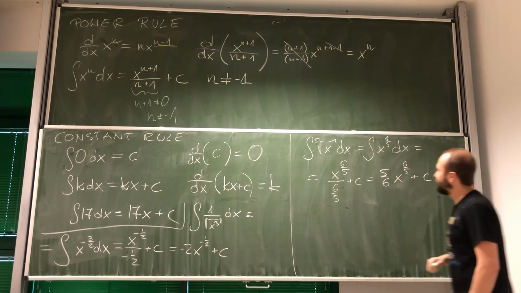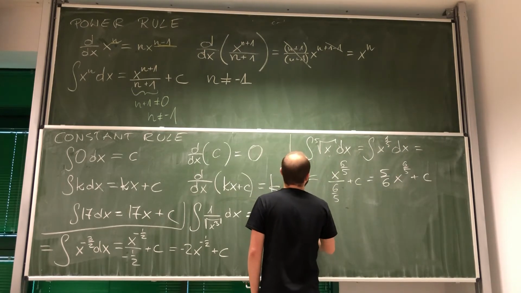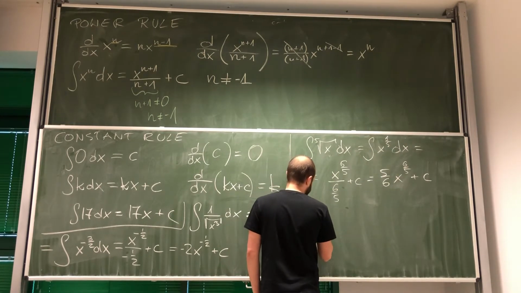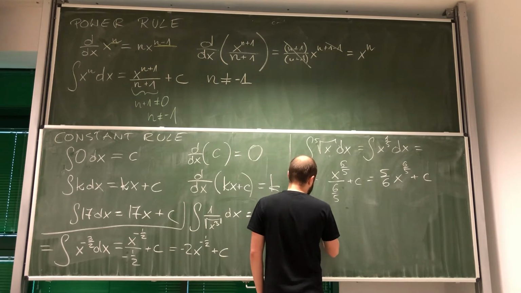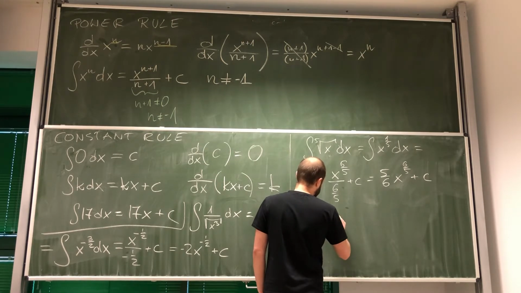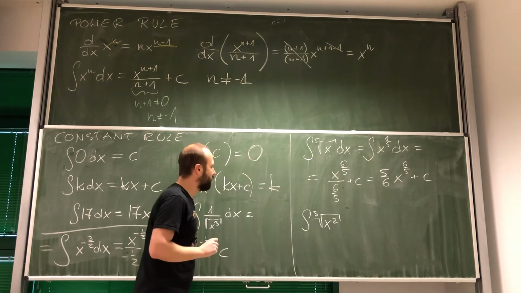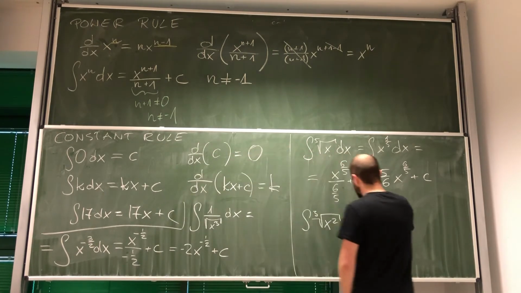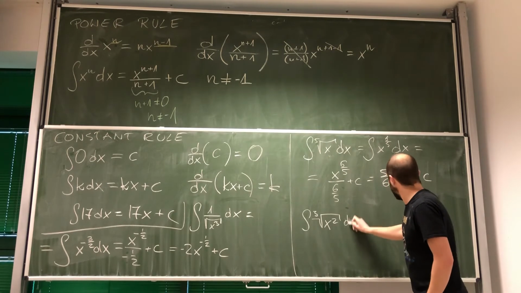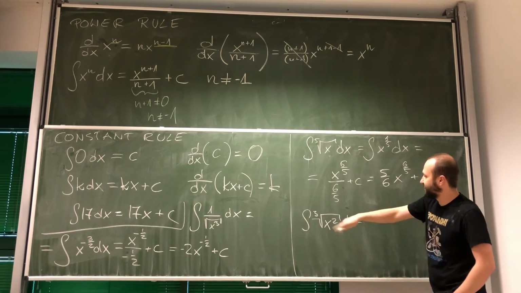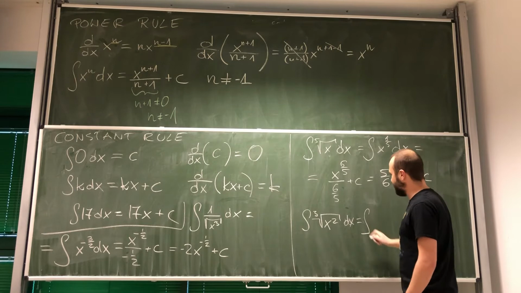Okay, let's just do one more. So, if we have a cubic root out of x squared, what are we getting now? Again, dx. We need to first change it into exponential expression.